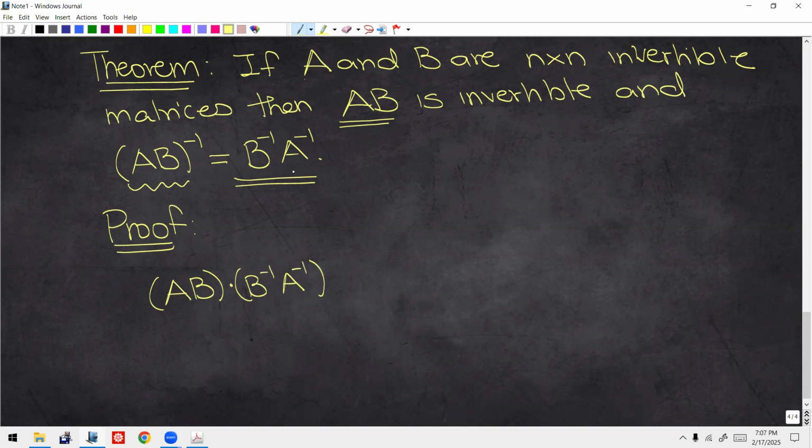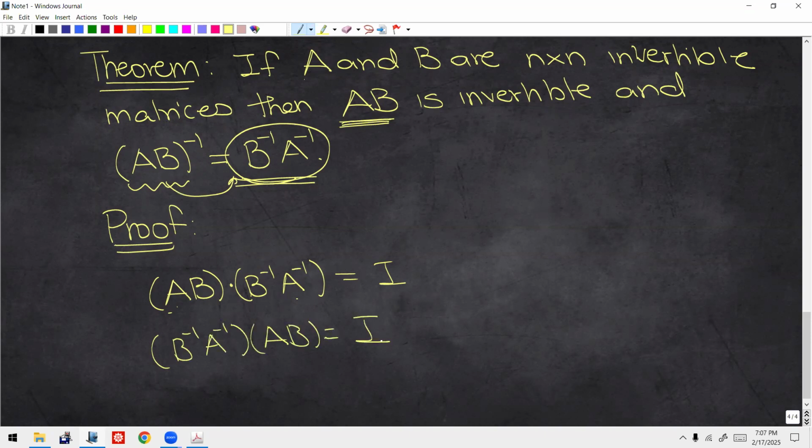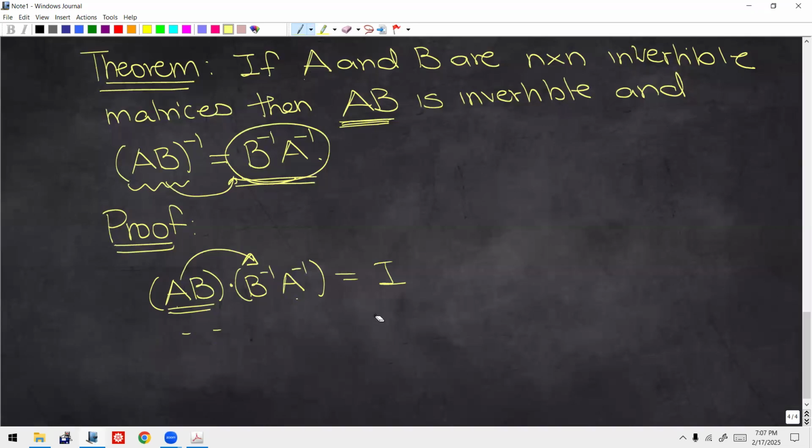Now, why am I using that? Because we know that if this is invertible, then the inverse looks like this, right? We just showed that. So if I can multiply these two and end up with I, and I can reverse it and do the same thing and still get I, what does that tell us? That the inverse of AB must be this, correct? That's what it would imply, okay? So we're going to do that. So let's start with that.